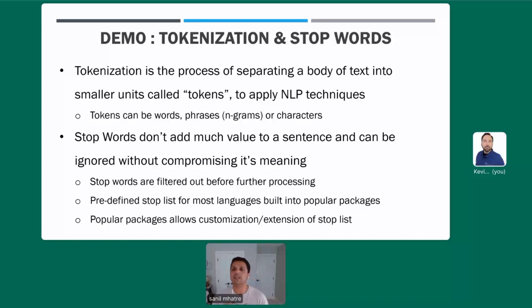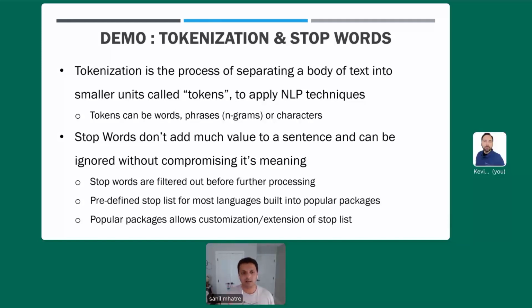So, tokenization is the process of separating your body of text into smaller units called tokens so that natural language processing techniques can be applied on top of it. That's just the way most of the NLP algorithms are written. They need your text to be broken down into smaller units so that the algorithms can be applied to it.